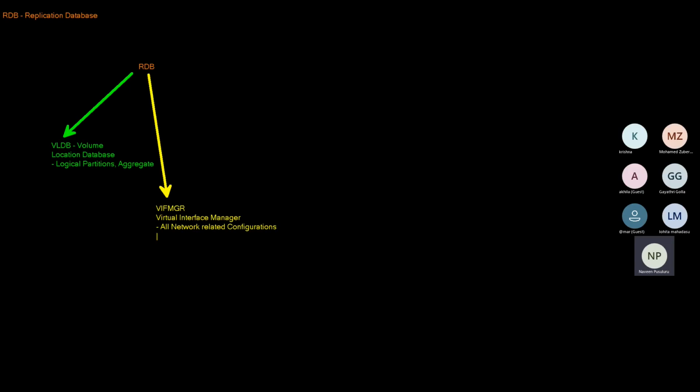Network things, like IPs, ports, and a few components like IFGRPs, interface groups. We'll talk about these things later. VLANs, all these kinds of configurations will be stored in VIFMGR.